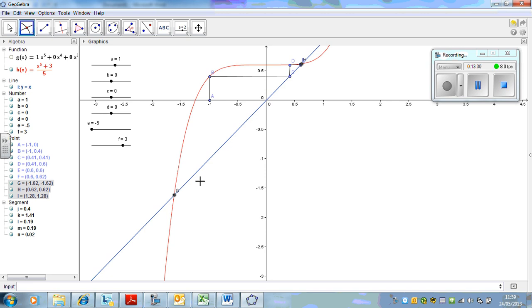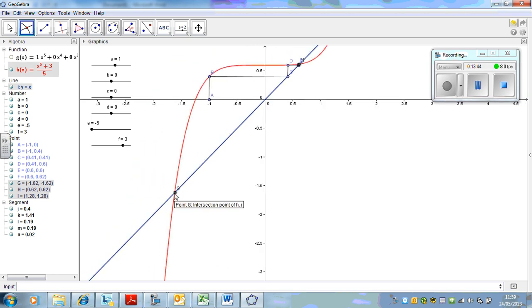So for this root, no matter what our starting value is, we're never going to converge to this root. We're going to converge to another root, or diverge completely, go to infinity or negative infinity. Because the gradient of this curve is less than 1, it doesn't work for this root.